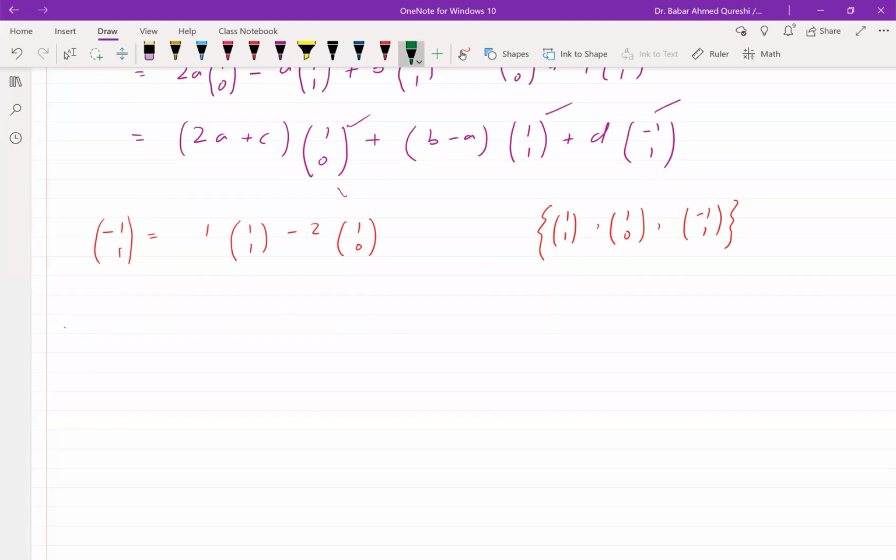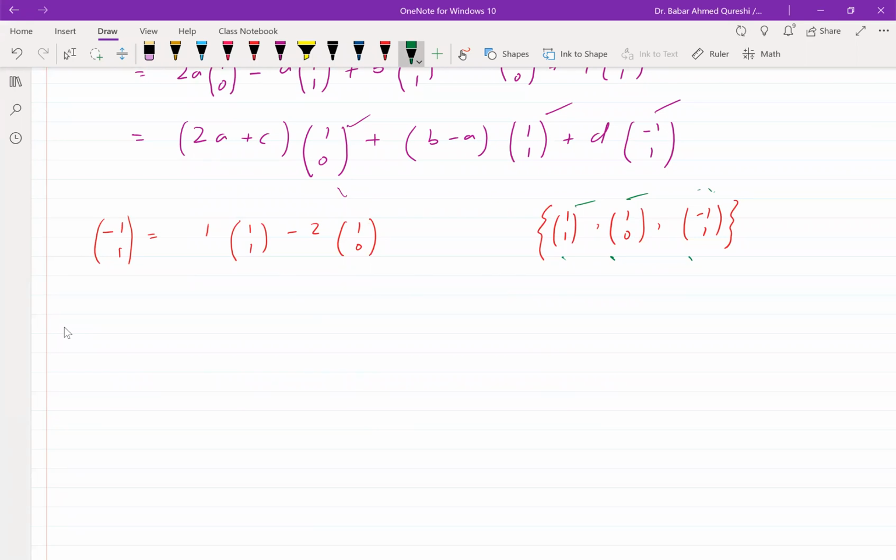But over here, I again realize that one of them is actually a linear combination of the other two. So again, in any linear combination which I write of these three vectors, I can replace this guy with a combination of these two.